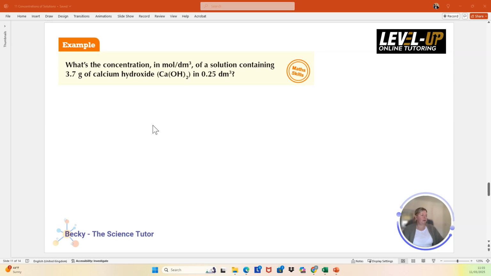Okay, so we're going to need our moles equation. So moles is the mass divided by the Mr. So we're going to need to work out the Mr of that calcium hydroxide, Ca(OH)2.